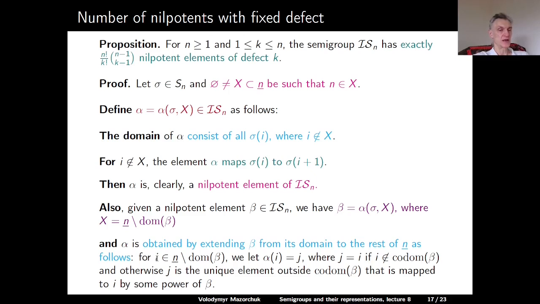So if we have an element i in the complement of the domain of beta, we let alpha of i be equal to j, where j is equal to i if i doesn't belong to the codomain of beta, and otherwise j is the unique element outside the codomain of beta that is mapped to i by some power of beta.